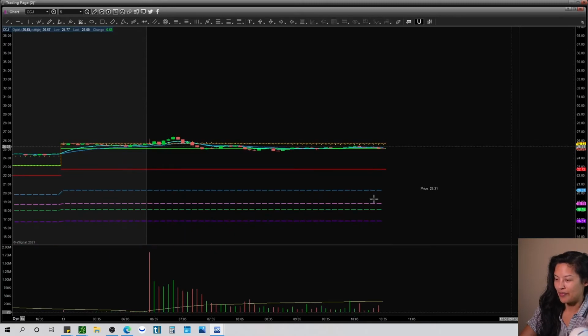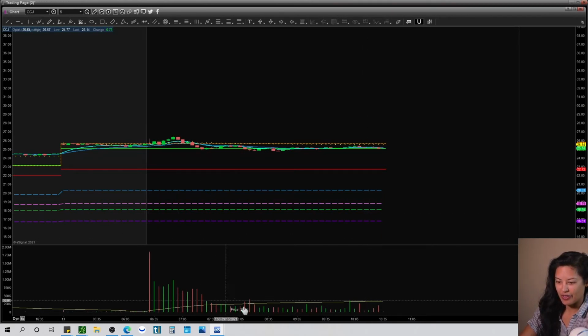So it seems like if you compare, some people will use exponentials for the 100 and 200, but it's really personal preference. I think that they both do have reactivity, but I think the simple moving averages for the 100 and the 200 have the higher reactivity, but that's just my opinion. So it's really all about preference on those.